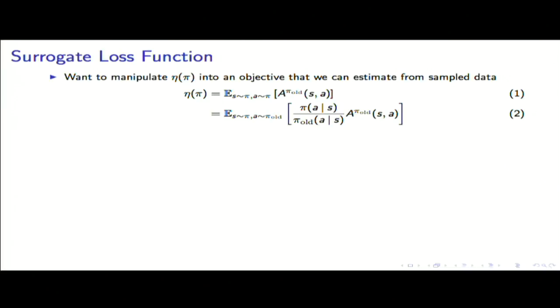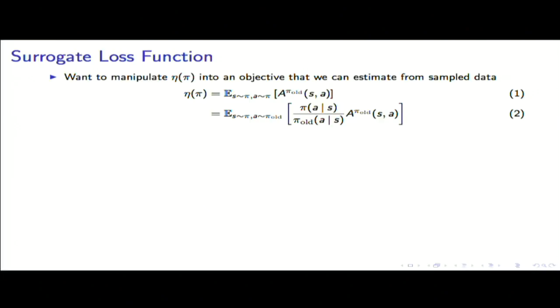OK, so that doesn't help us so far, because all we can do is compute the performance of the policy using the advantage function. We still can't use this yet because the problem is that we have this state distribution.